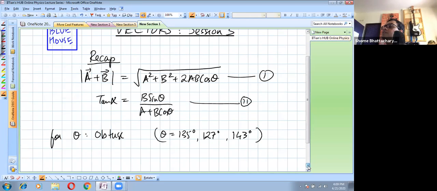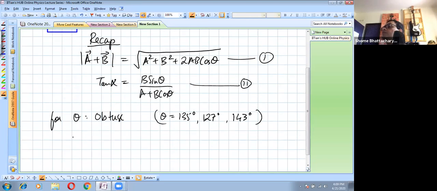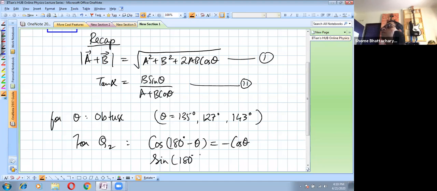So what we saw is when that happens, we use the formula for the second quadrant. For quadrant 2, we use the formula that cos of 180 degrees minus theta is equal to minus cos theta, whereas sine of 180 minus theta is equal to sine theta.